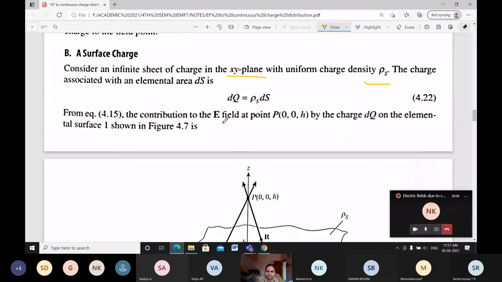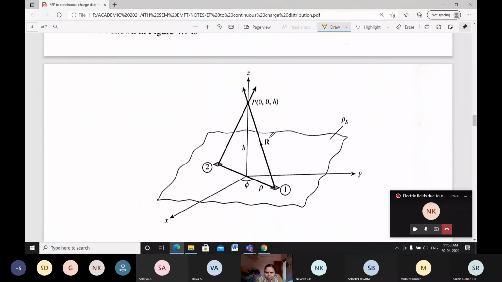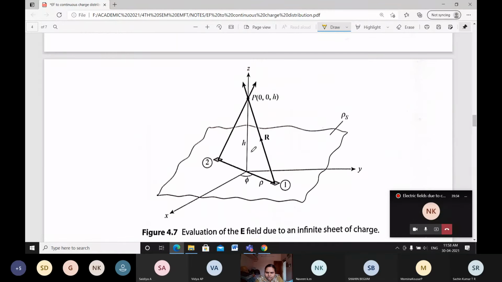Then the contribution of the E field at point P. Observe here, at point P in the z direction, x and y are constant, therefore x0, y0, and z is taken as h here.